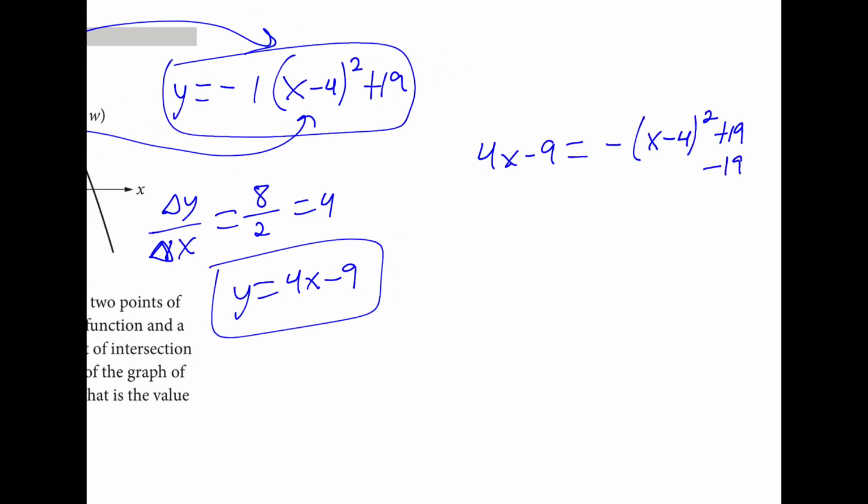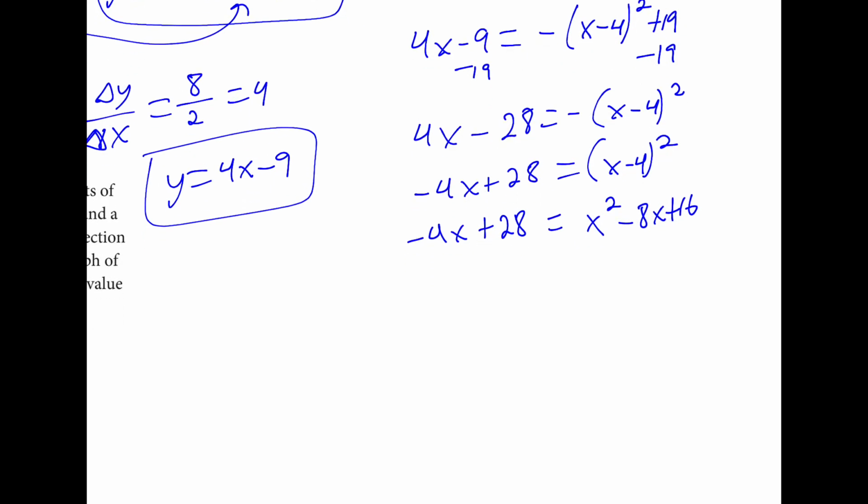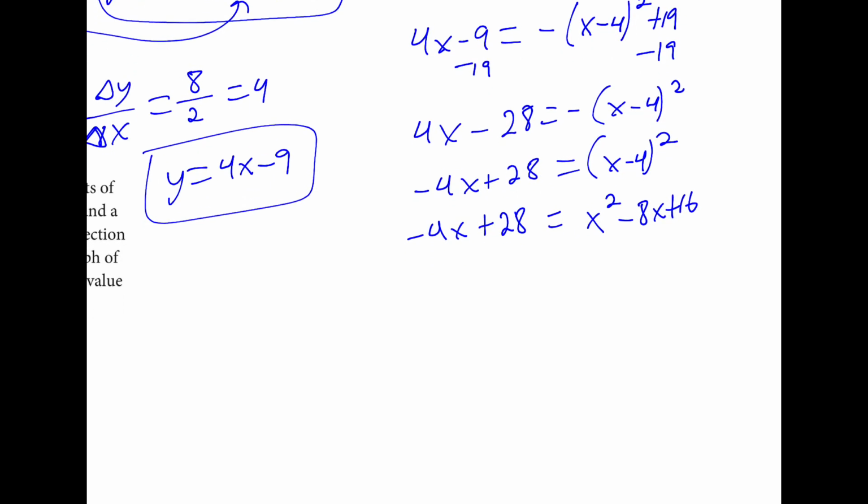I'll subtract 19. I'll divide everything by negative 1. So I have negative 4x plus 28 is equal to x minus 4 squared. This is going to expand to x squared minus 8x plus 16. I'll move everything back over, so I have 0 is equal to x squared minus 4x minus 12.